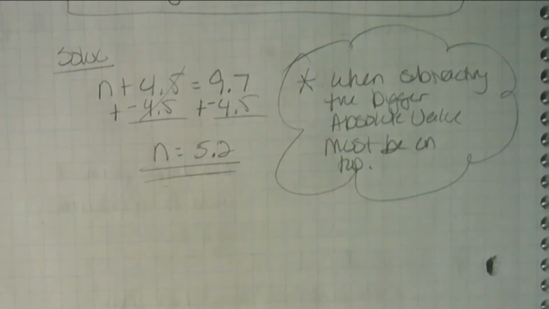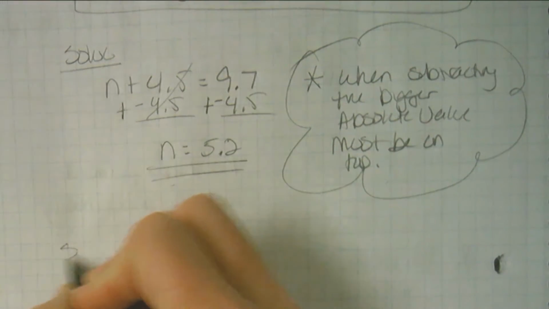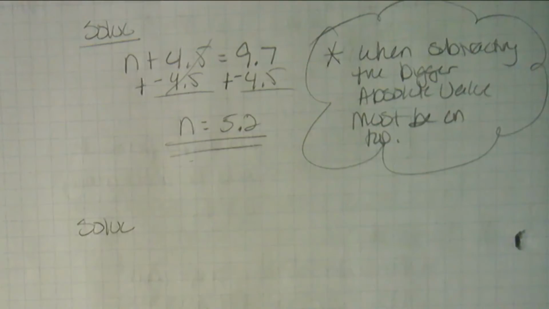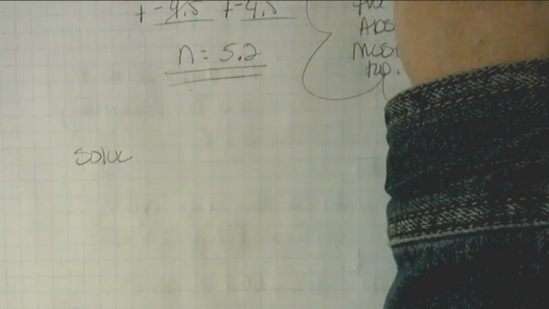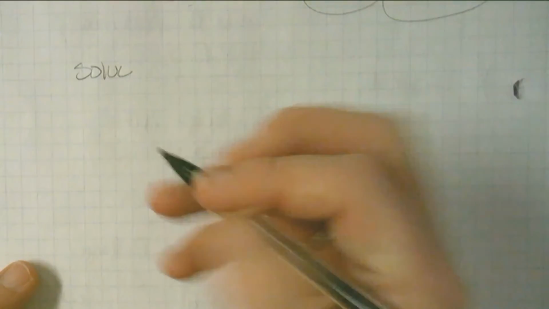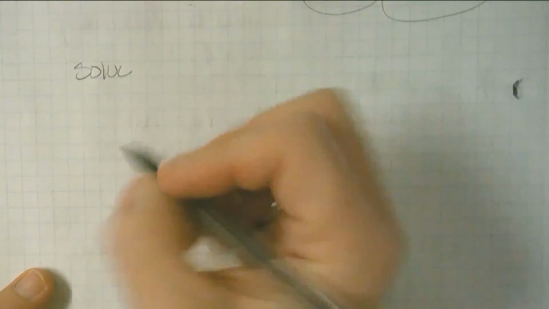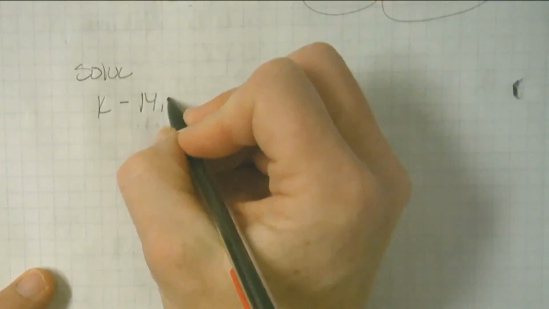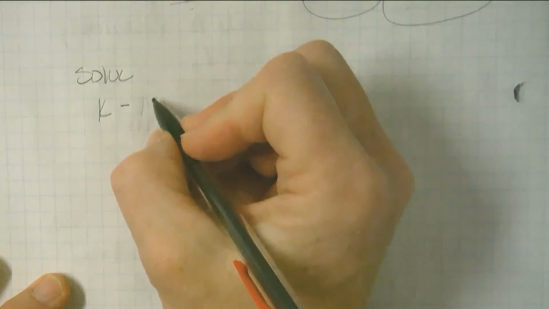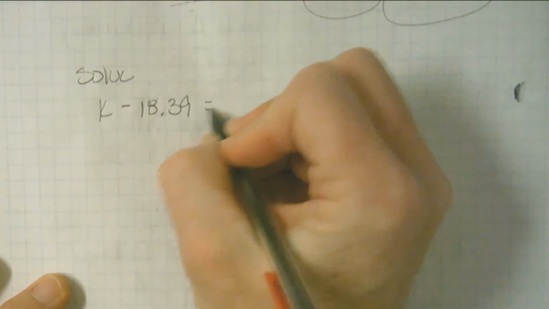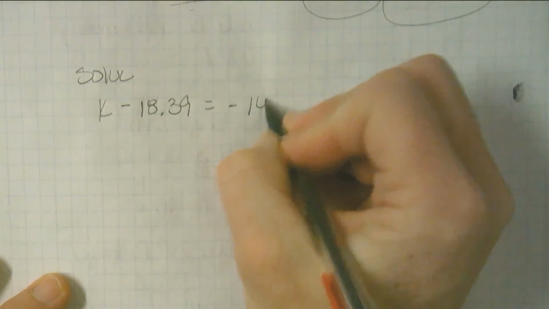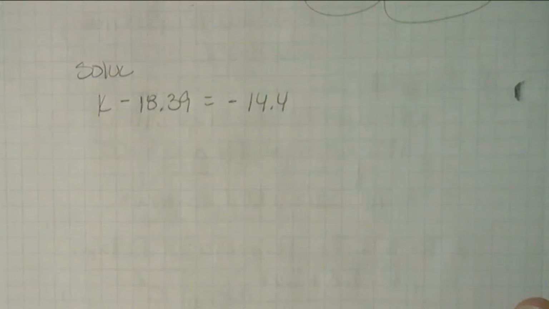All right, so let's take a look at another one. This is just kind of getting us ready for the skills and getting the skill stuff done. So let's say I have k minus 18.39 is equal to a negative 14.4. All of you do this, please.